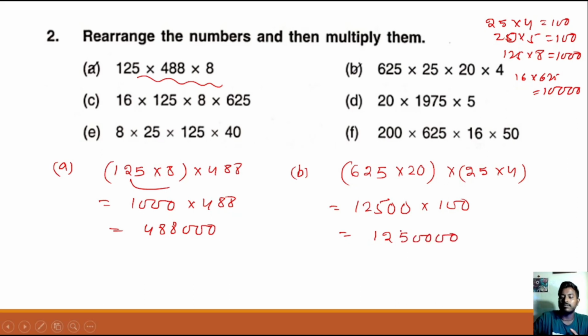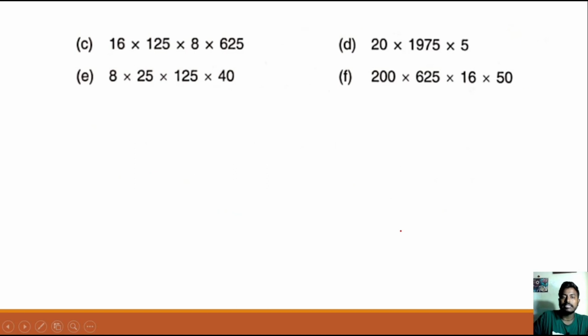Clear? Next question number C. 16 into 625, yes or no? Rearrange the question, that is 16 into 625 into 125 into 8.